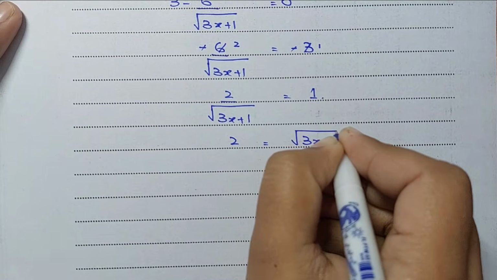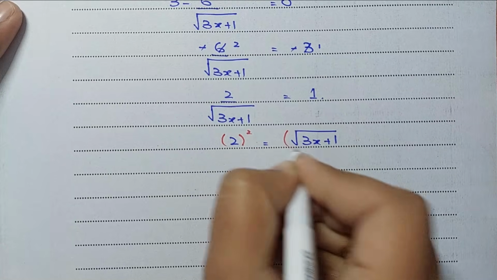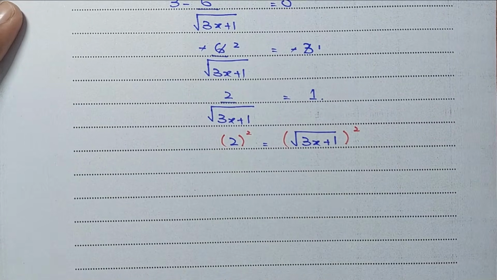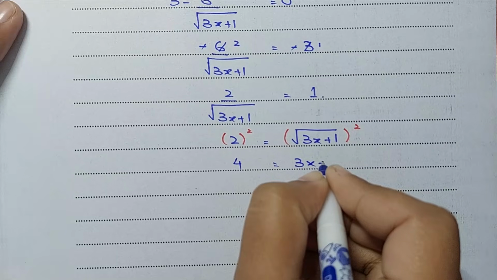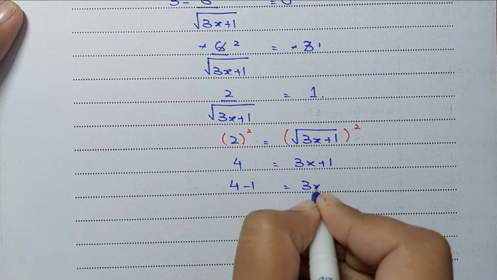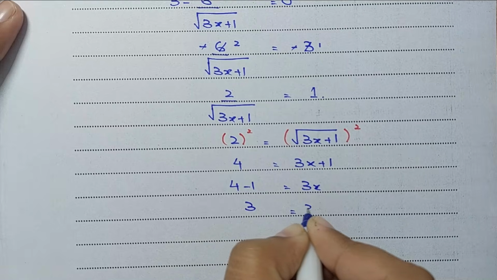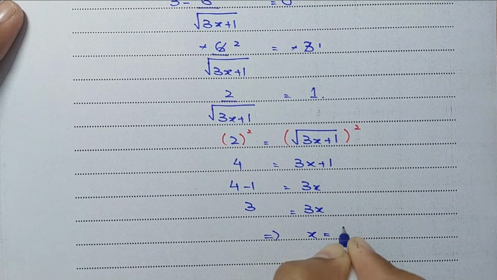In order to get rid of this root, we have to take a square on both sides. This is 4 and this is 3x plus 1. So 4 take away 1, this becomes 3x. 4 take away 1 is 3, equal to 3x. So from here the x coordinate is 1.